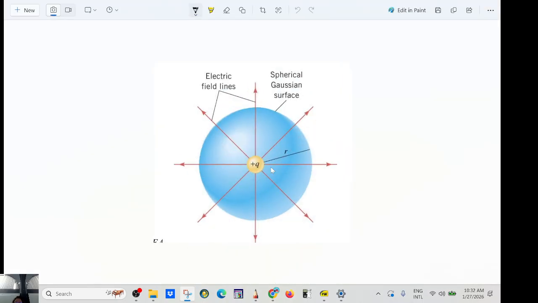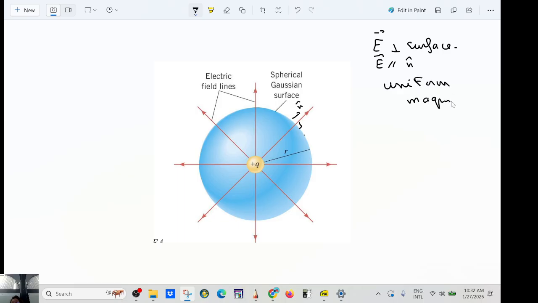So for example, if you have a positive charge here, and at a distance r, we have learned that first of all, the electric field is perpendicular to the surface, it's parallel to the n hat. And it's uniform in magnitude.